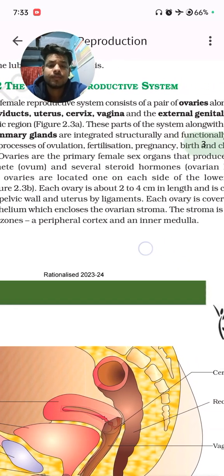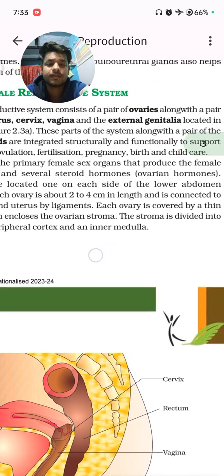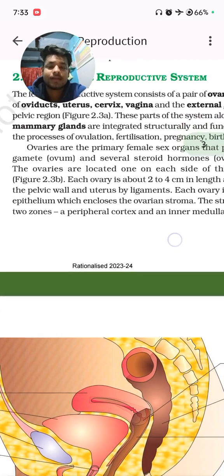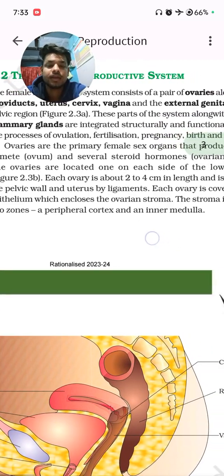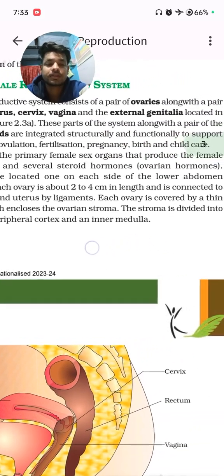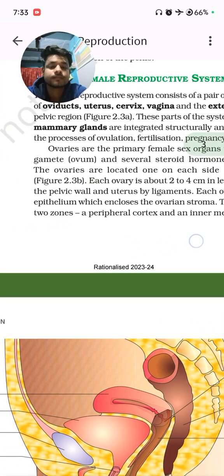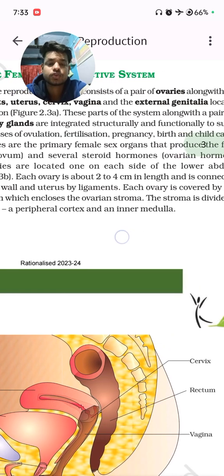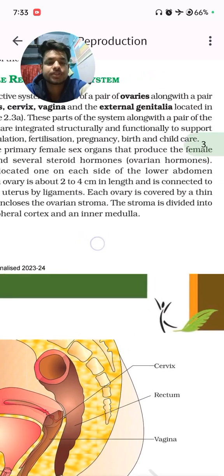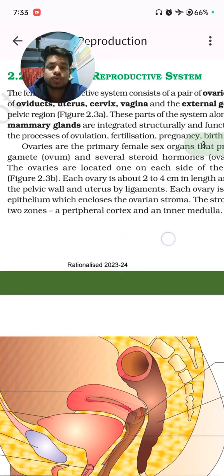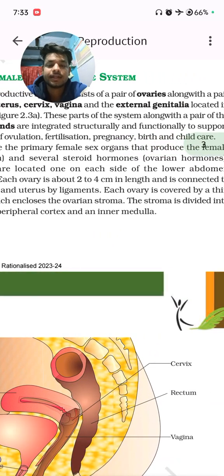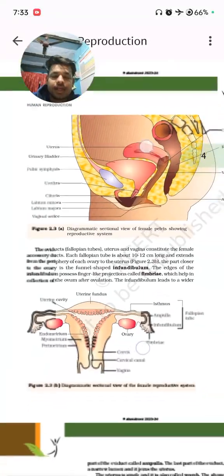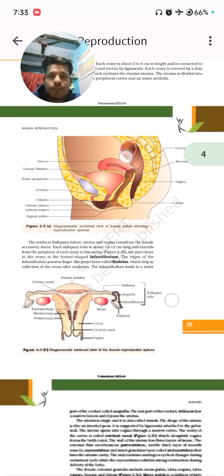Each ovary is about 2 to 4 centimeters in length and is connected to the pelvic wall and uterus by ligaments. Each ovary is covered by a thin epithelium which encloses the ovarian stroma. The stroma is divided into two zones: a peripheral cortex and an inner medulla. Here we see the diagram of the female reproductive part.